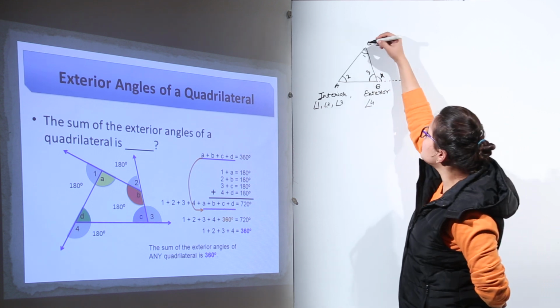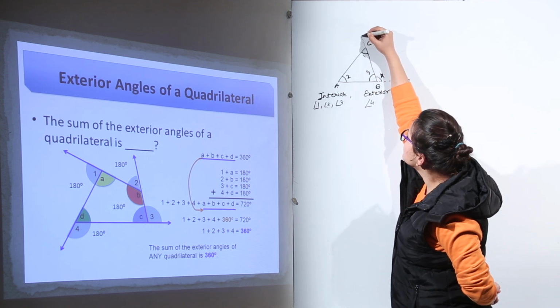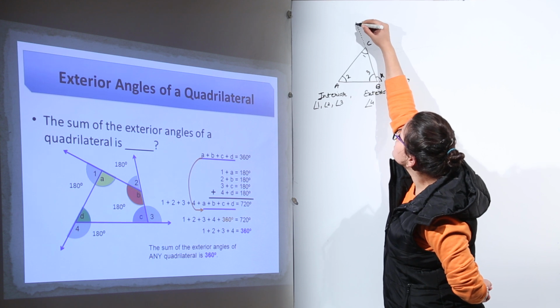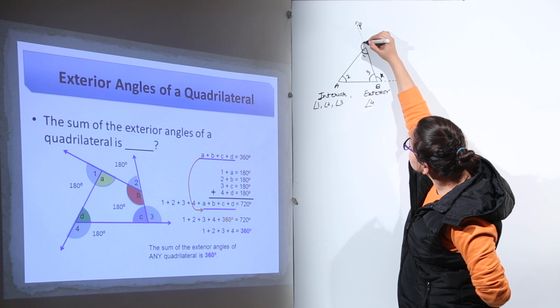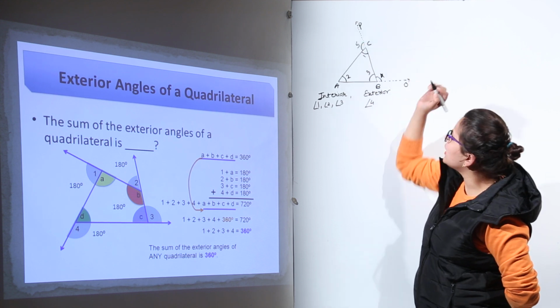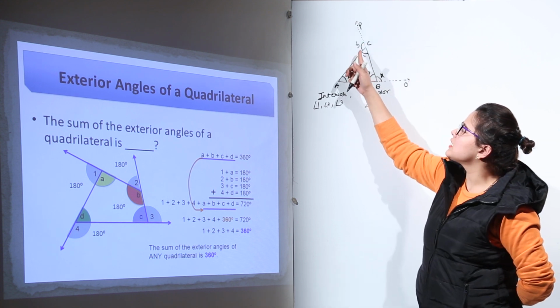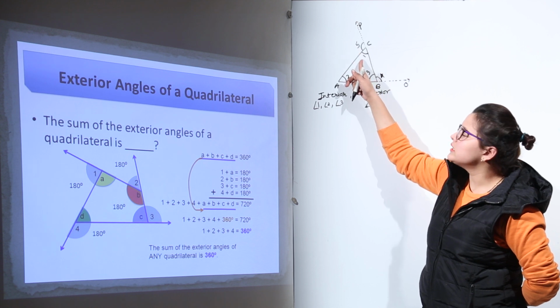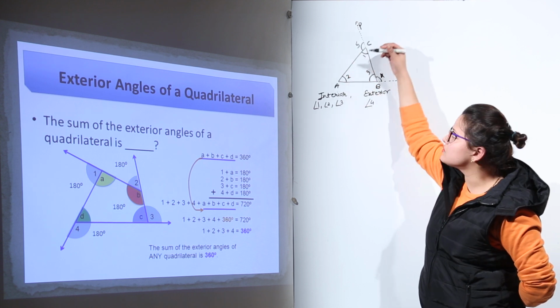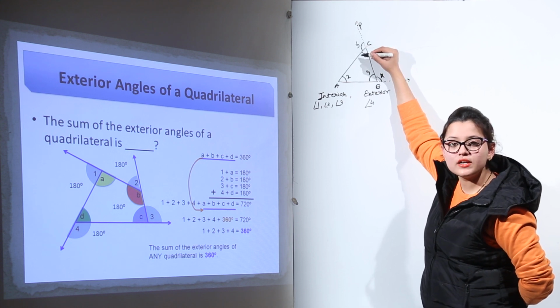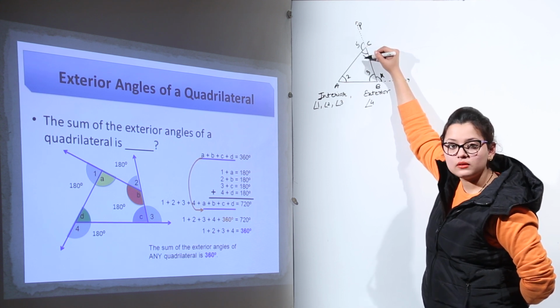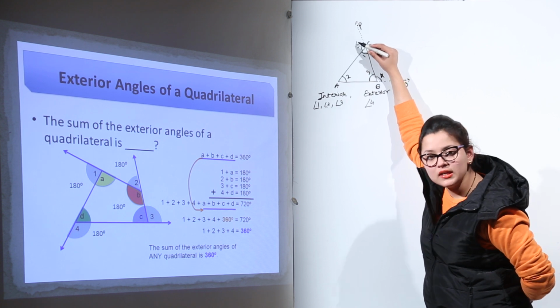Now similarly, if I extend BC to some point, say P, that makes another angle called angle 5. Even angle 5 is an angle of this polygon, because it is formed with the sides of this polygon, but it is lying outside the polygon.